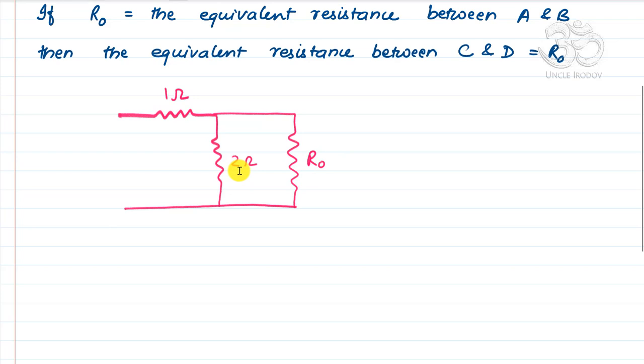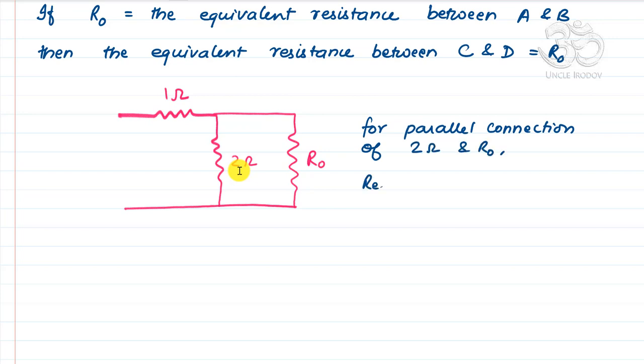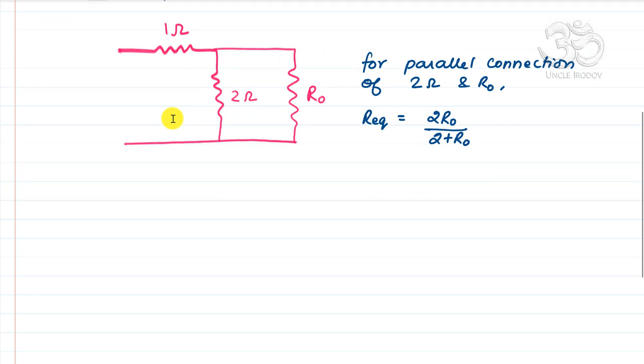So their equivalent will be, for parallel connection of 2 ohms and R naught, equivalent R as 2 R naught by 2 plus R naught, and that will be in series with the 1 ohm resistor here. So therefore R naught is equal to 1 plus 2 R naught by 2 plus R naught.